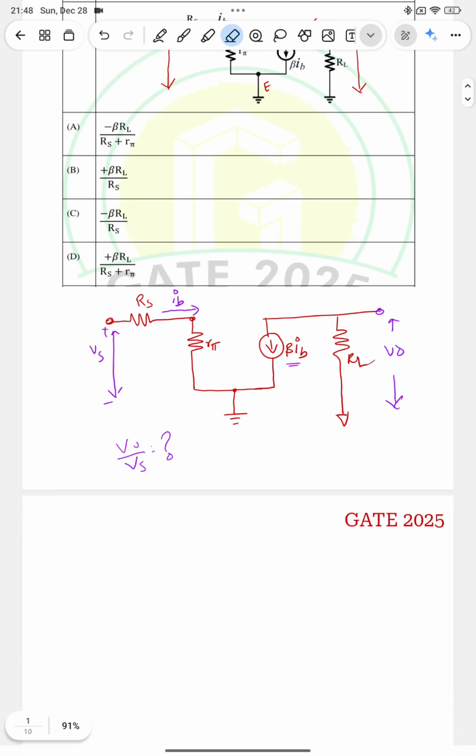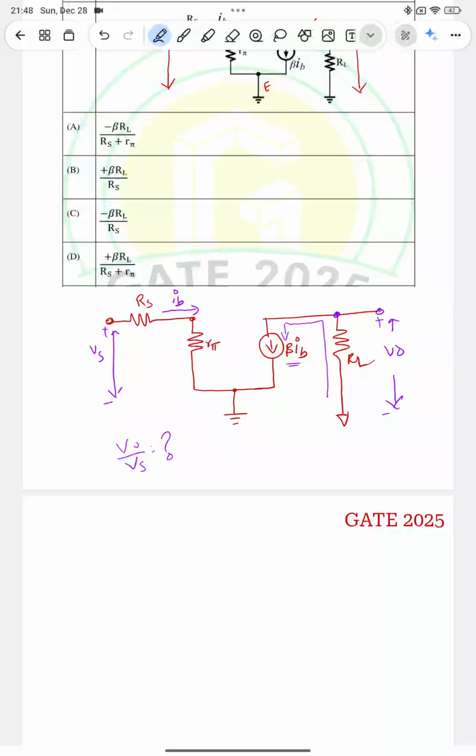First we will find the voltage V0 in terms of IB. If we analyze this output node, the voltage V0 is the voltage across this RL, right? There is a dependent current source beta IB, and the current flows from the ground into this source.